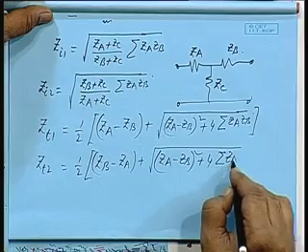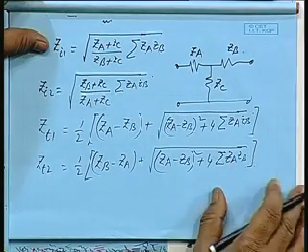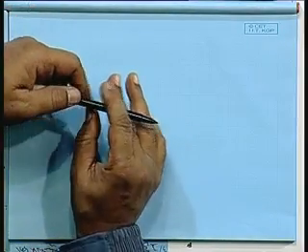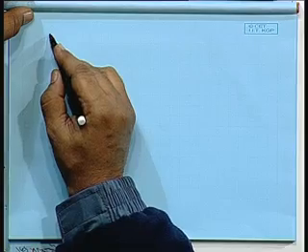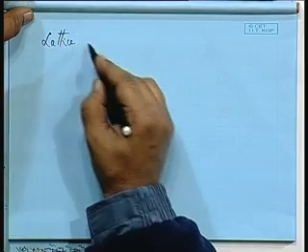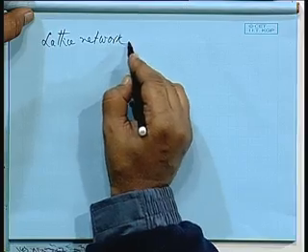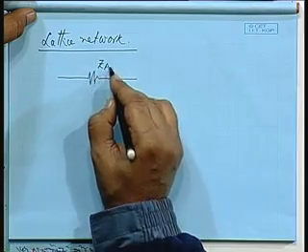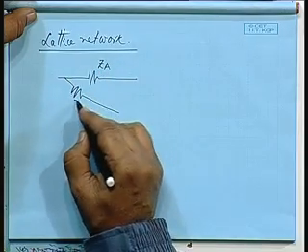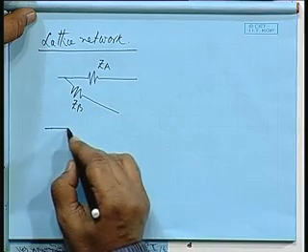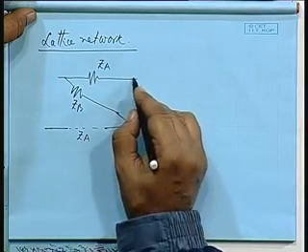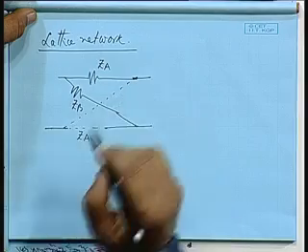Then we discussed a network, that is a lattice network, where we considered Z A, Z B, Z A, this was the notation for the counterparts.